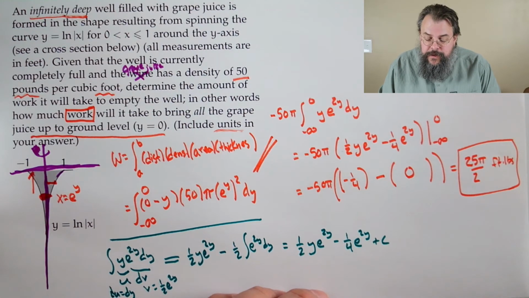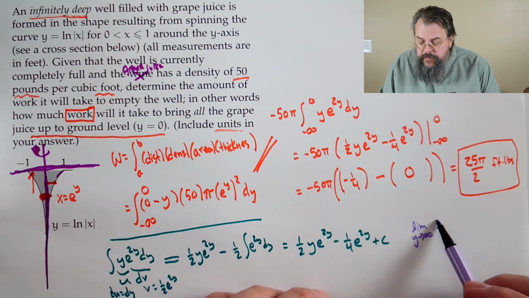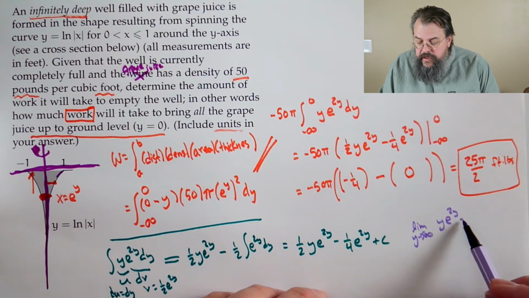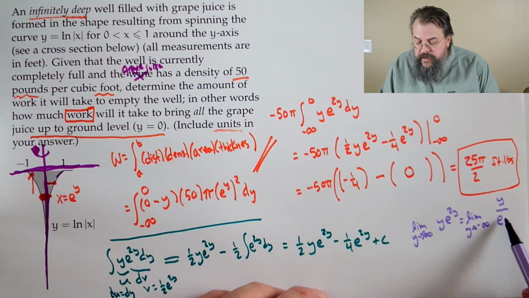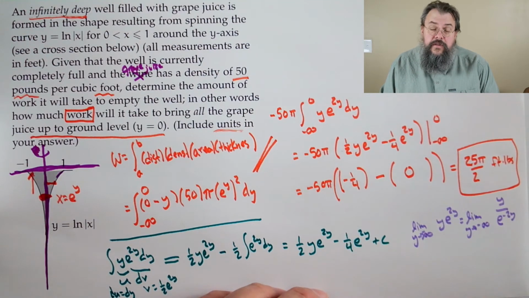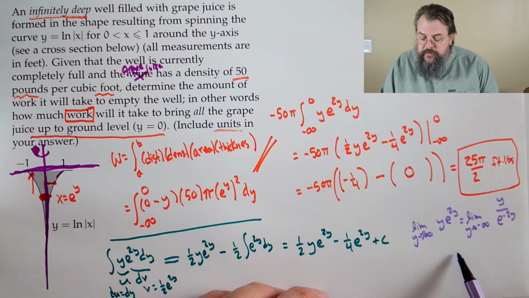The first step is to write it as a nice fraction. So we could write the limit as y goes to minus infinity of y e to the 2y as the limit as y goes to minus infinity of, I'll move the e to the 2y downstairs, so it's e to the minus 2y. Now they're both getting big. Taking the derivatives, since they both go to infinity, we can apply l'Hopital.